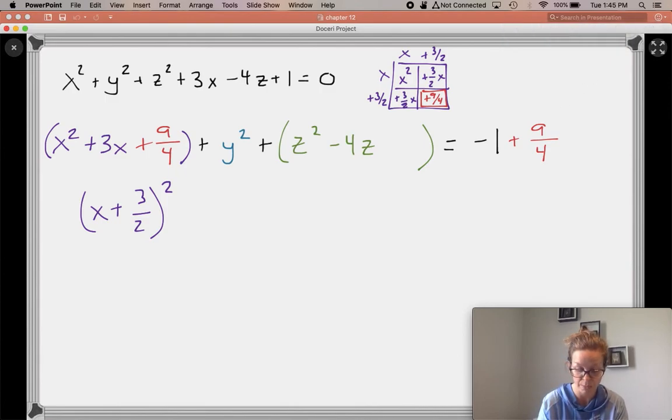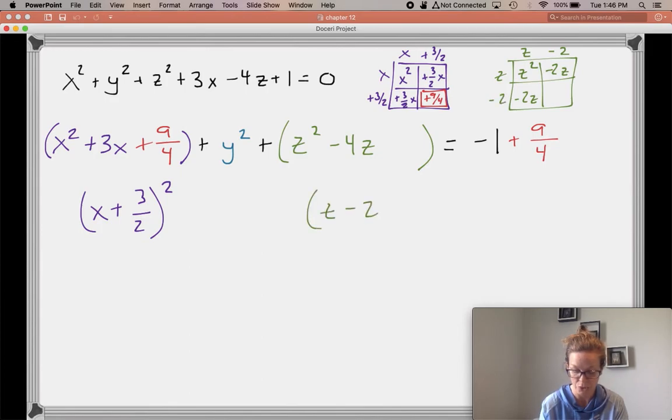All right, now we're gonna do the same thing for that green group. I've got z squared. I've got minus 4z's, so I'm gonna split those equally, minus 2z for both of them. So that gives me factors of z minus 2, and I have 2 of those factors.